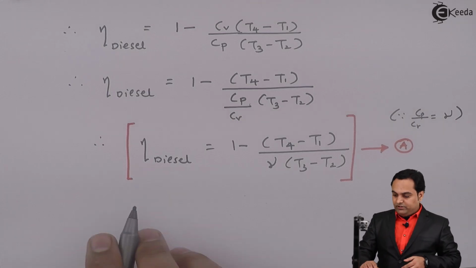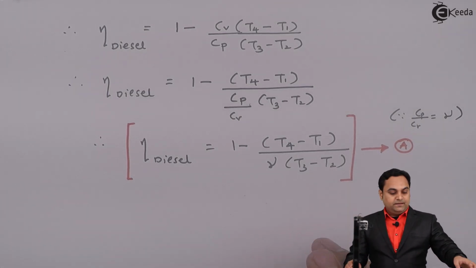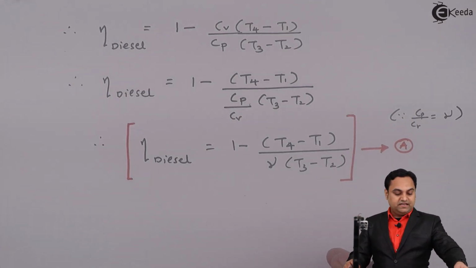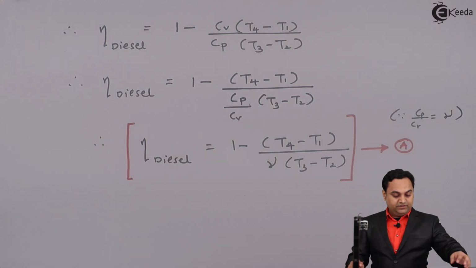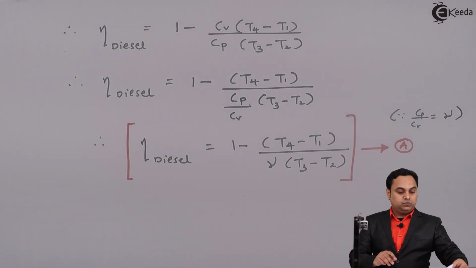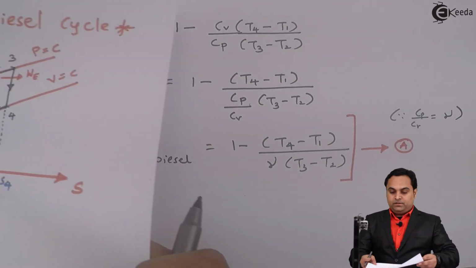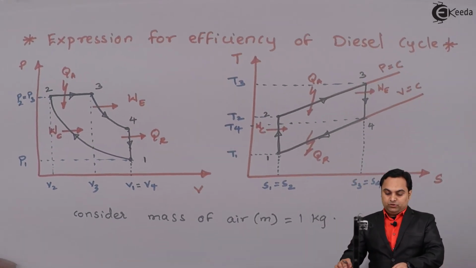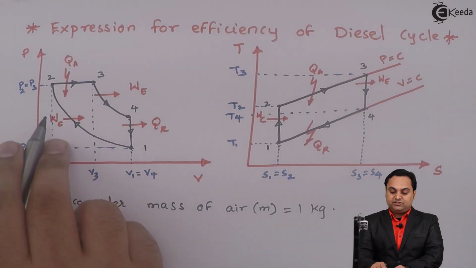Now after we have arrived here, next I'll take the processes as it is, starting with process 1 to 2. As we see, process 1 to 2 is isentropic compression.